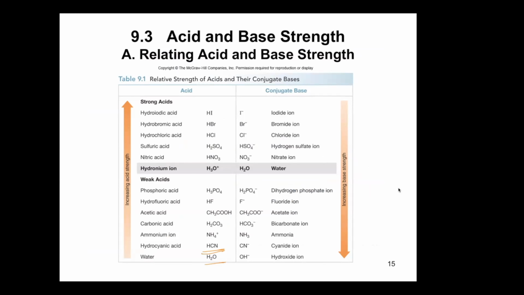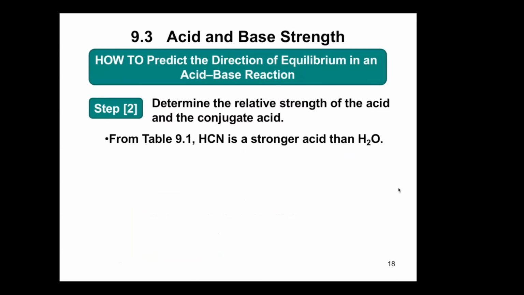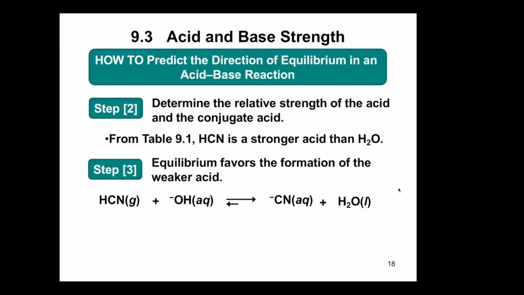So in that case, how do we know the direction of equilibrium? Always remember that the equilibrium will favor the production of the weaker acid. Again, in our case, it will favor the production of water as the weaker acid. So you might be seeing some references na unequal yung length noong reaction arrow.